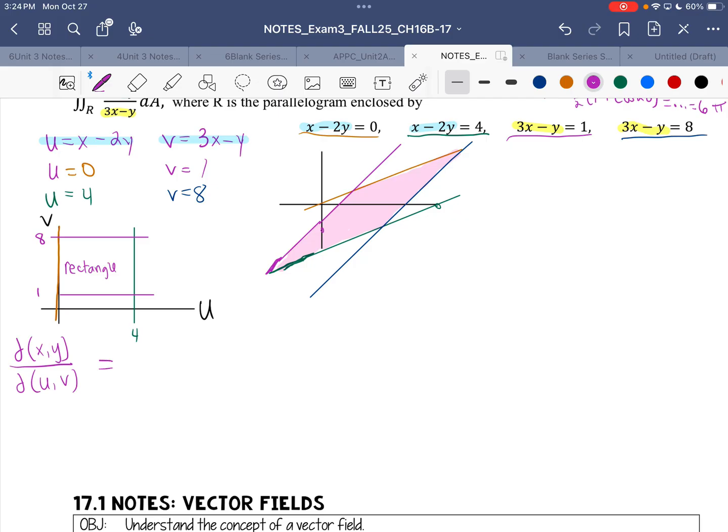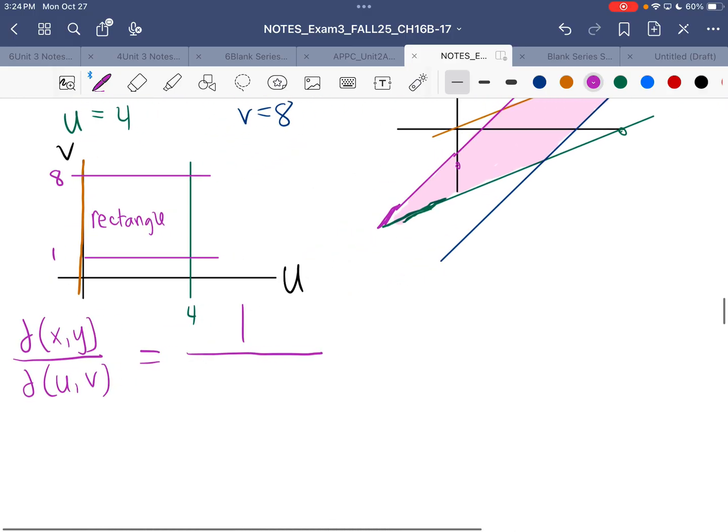So fun fact, the transformation that we have to multiply by is equal to 1 over the Jacobian when we flip them around, the reciprocal, and it always works.